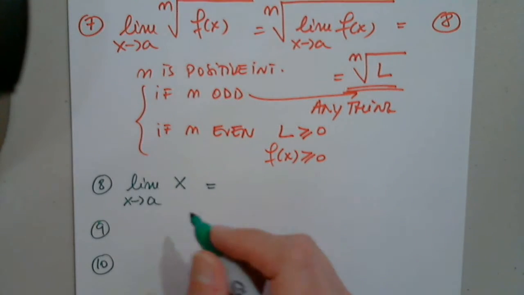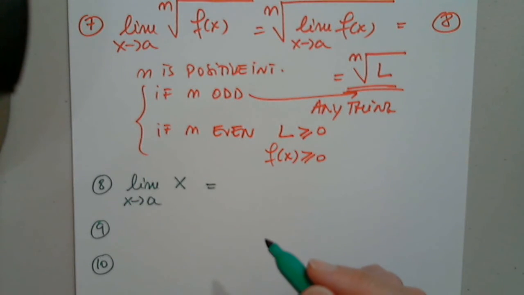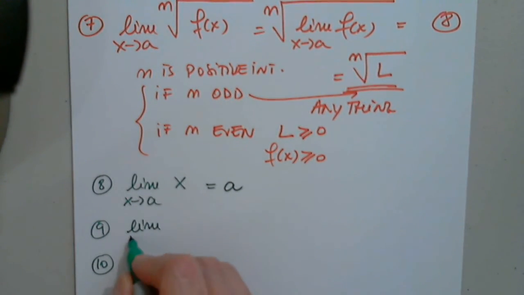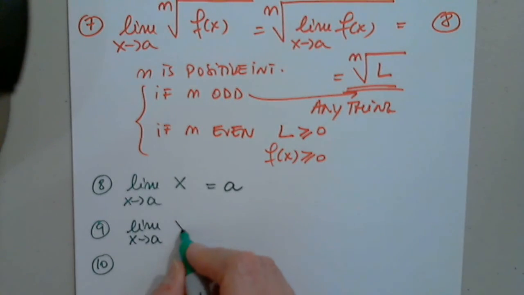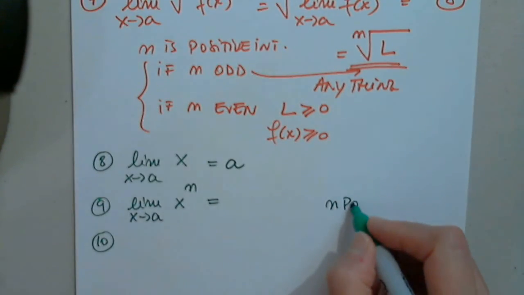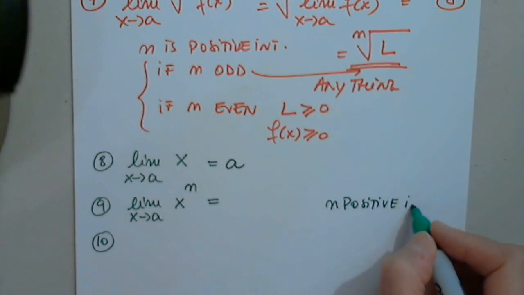What did we say we always have to do when we calculate limits? A. That's it, of course. Limit as x approaches a of x to the nth power. Of course, n is a positive integer.